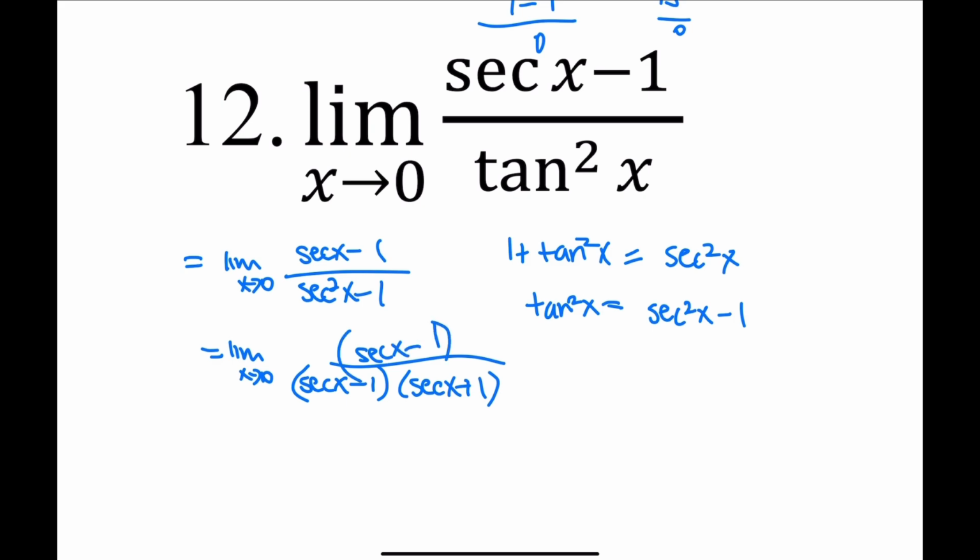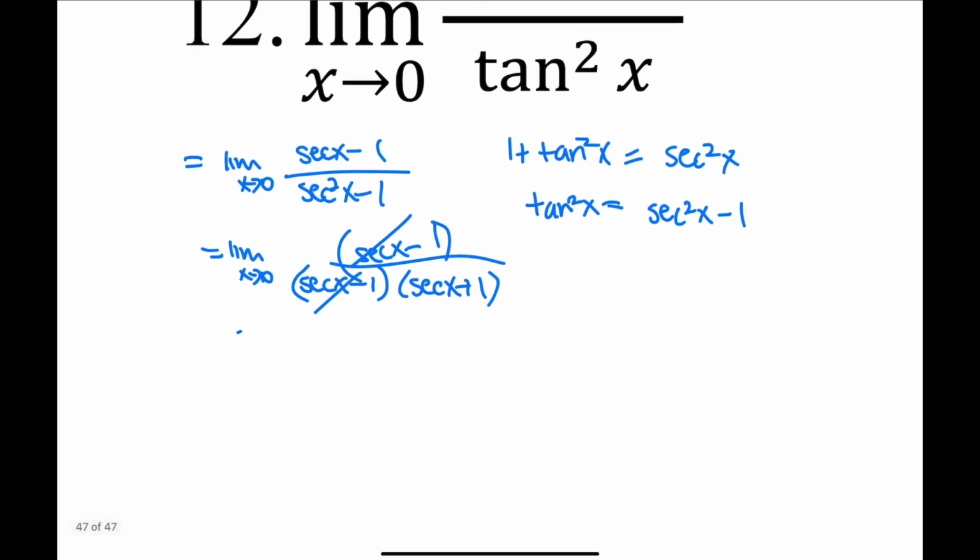And then we can cancel these two out, and we have limit as x approaches 0 of 1 over secant x plus 1. Secant 0 is 1, and plus 1 is going to be equal to 2, right? So that means we have an answer of 1 over 2. Okay, that's our answer for number 12.